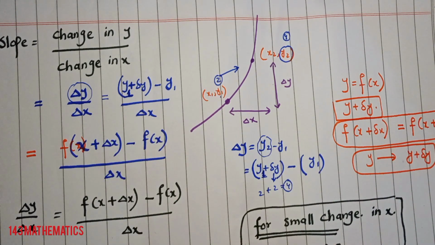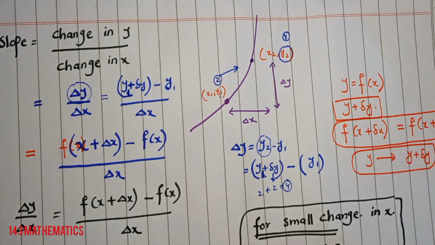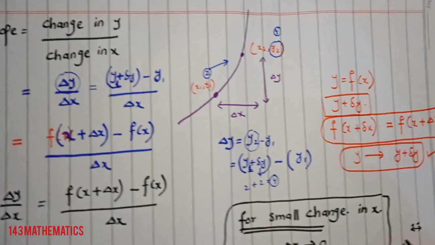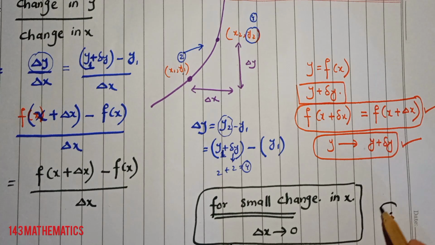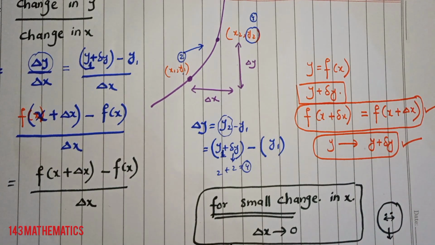What is the concept of limit? Approaching 0 means this is not actually 0, but there is a minor difference, like 0.1 and 0.2. There is a very small difference, and this small difference can approach 0. So here we will take del x which approaches 0.